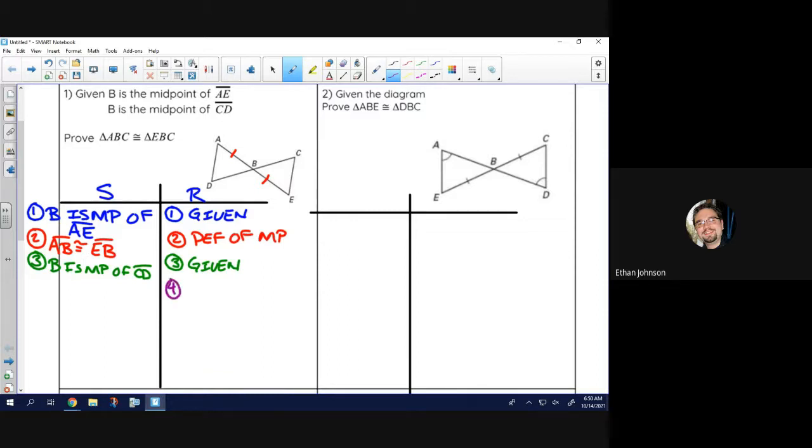So my fourth reason will be definition of midpoint. So if B splits CD in half, our two halves would be DE is congruent to CB. And I will mark this one as well.